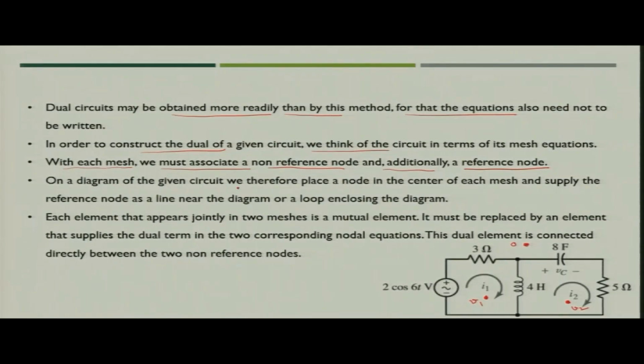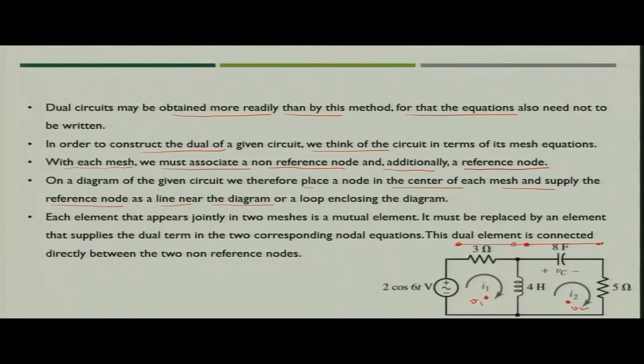Now, on the diagram we place a node at the center of each mesh and supply the reference node as a line near the diagram or a loop enclosing the diagram. You can draw a simple node, or you can create a line for the nodes, because it is easier to connect.